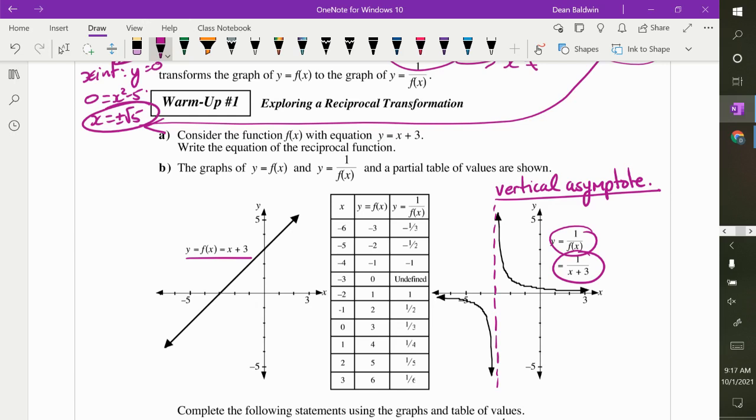The graph does not touch the vertical asymptote because the vertical asymptote occurs where your y value is 0, i.e. your x-intercept. Okay, that's where the vertical asymptotes occur.